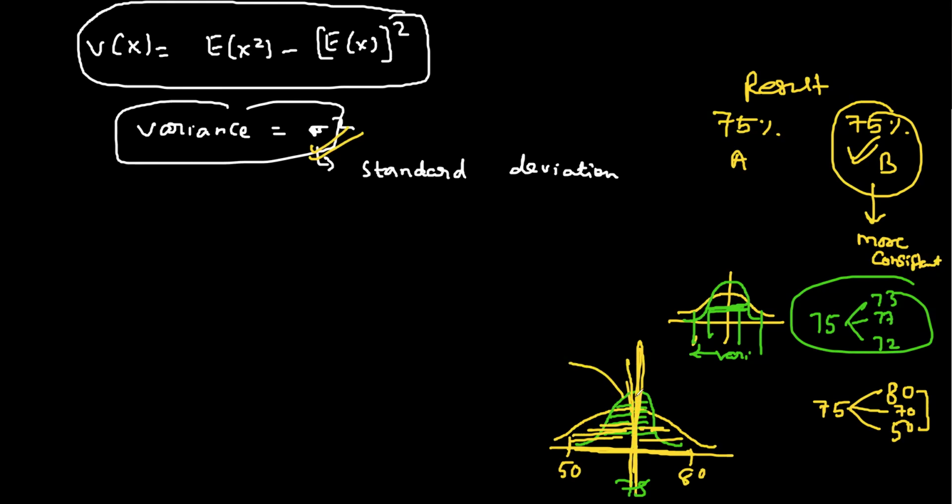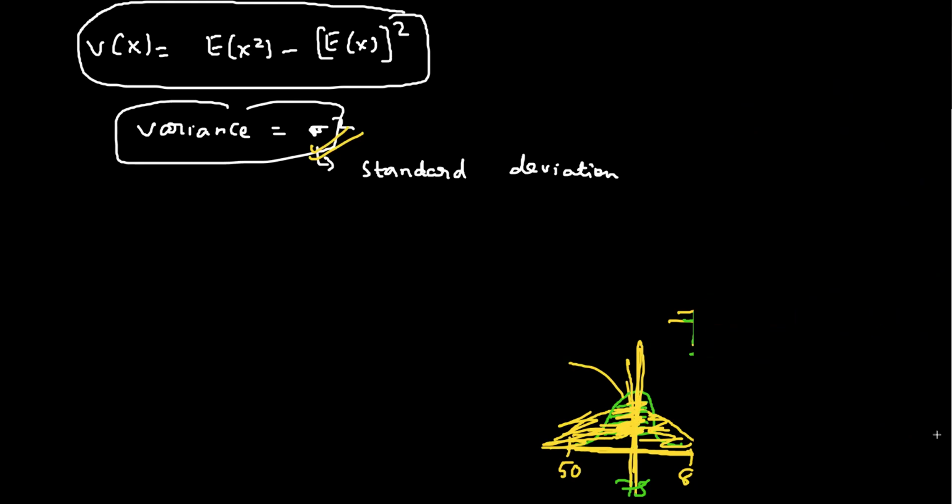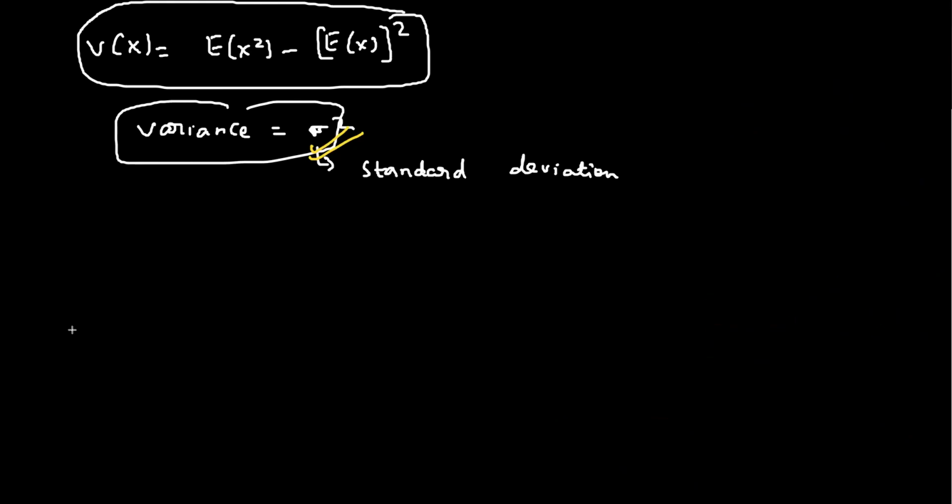The one with the lower variance. Yes, the lower the variance, the greater the consistency. Now you understood? Yes, because this person has a smaller standard deviation and this person has a larger standard deviation. Now you understood why we use variance for comparison of two sets of data.